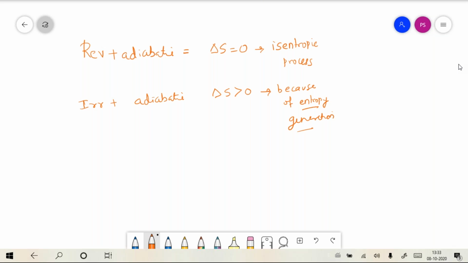So what is our expression for delta S? Delta S is the entropy transfer, the change in entropy because of heat transfer, plus the entropy generation. This is the expression for an irreversible process.